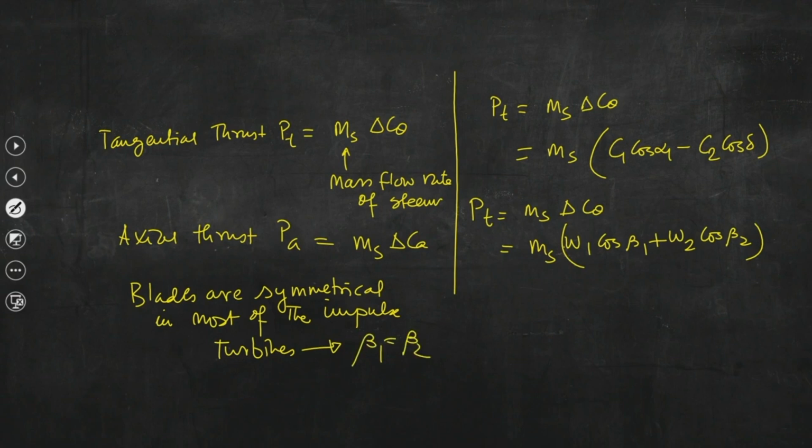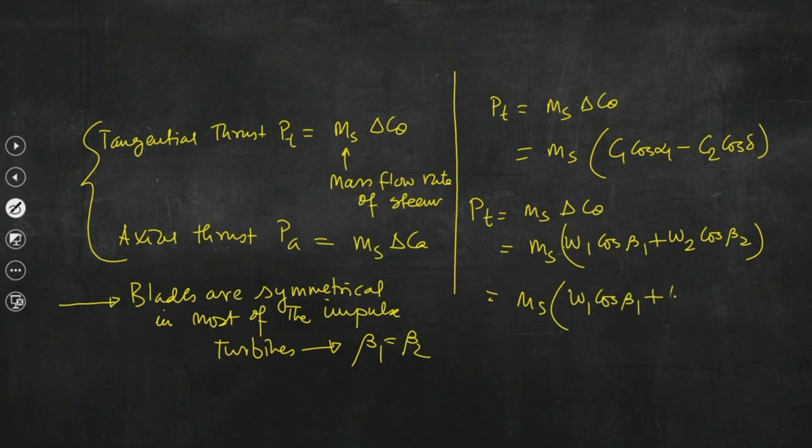If that is the case, we can write this is ms into W1 cos beta 1 plus W2 cos beta 1, right.